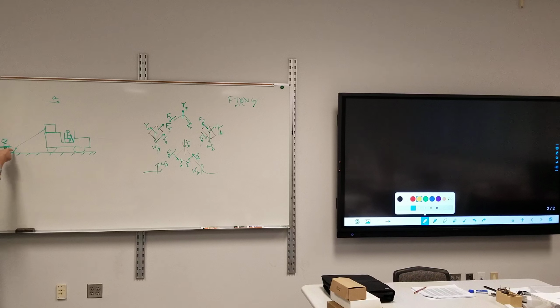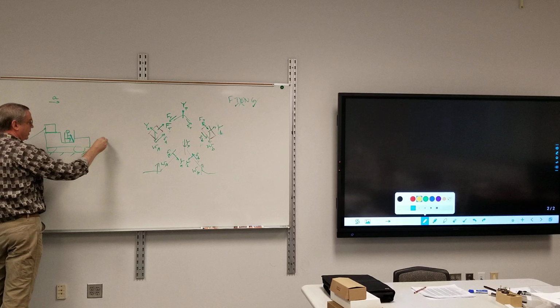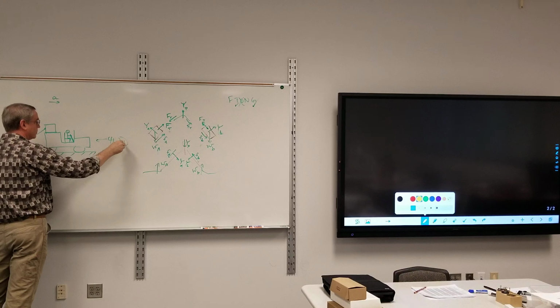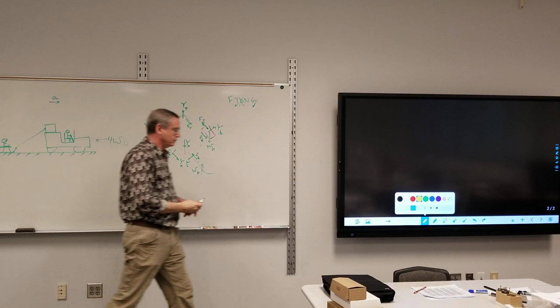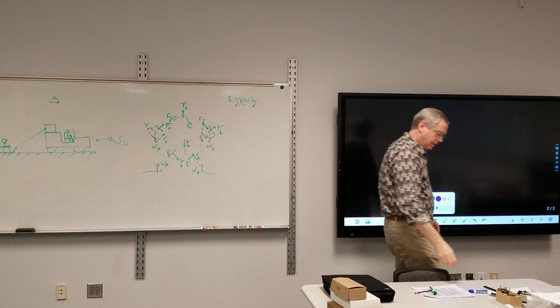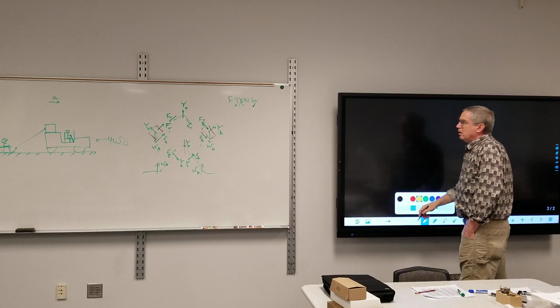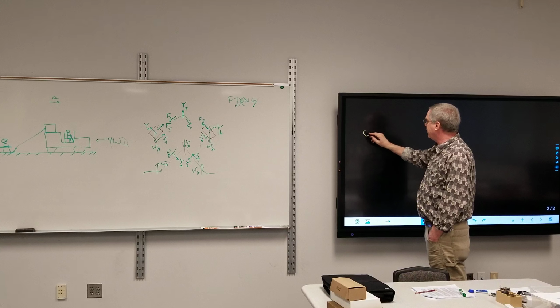Boy's sitting on sled. Sled's being pulled by this rope, which is attached to a box sitting on top of this vehicle. It is 4-wheel drive. So we'll have the boy.